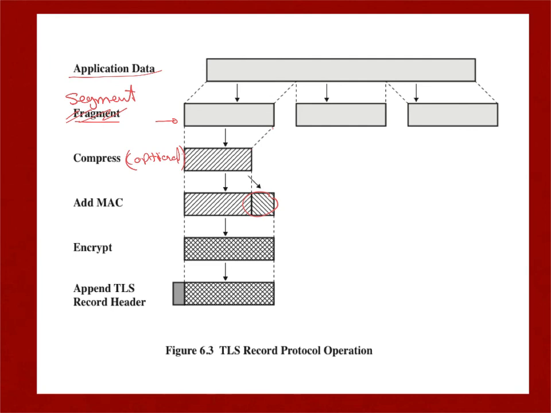Then we do the compression, and the compression is different from encryption. So after compression, we add the MAC first, and then we do the encryption. Remember in IPsec we talked about both. Is there any benefit from doing one versus the other?